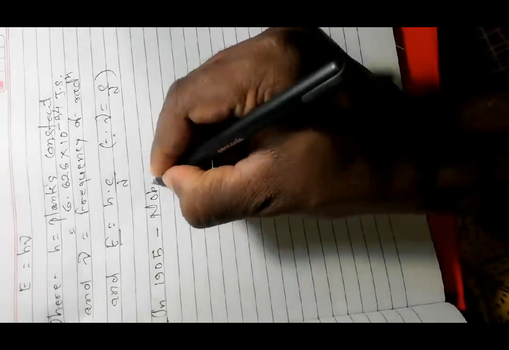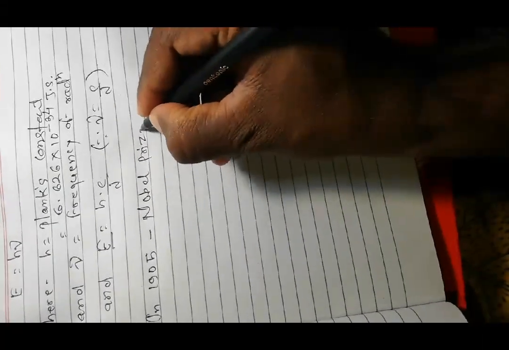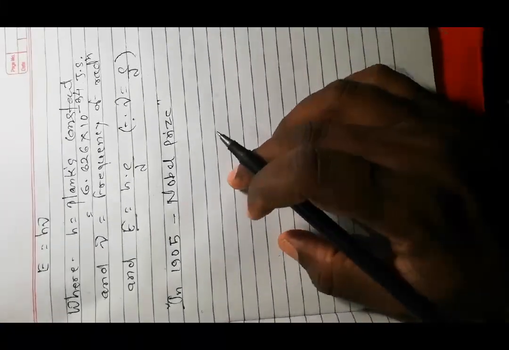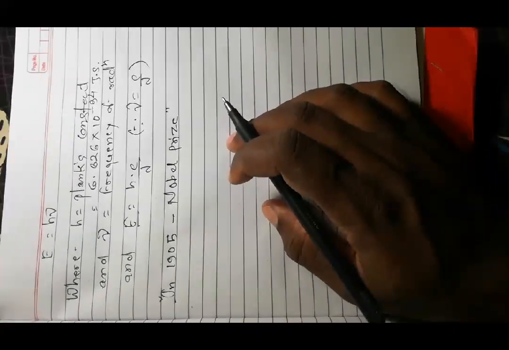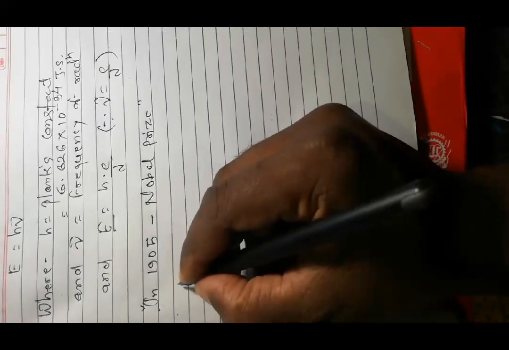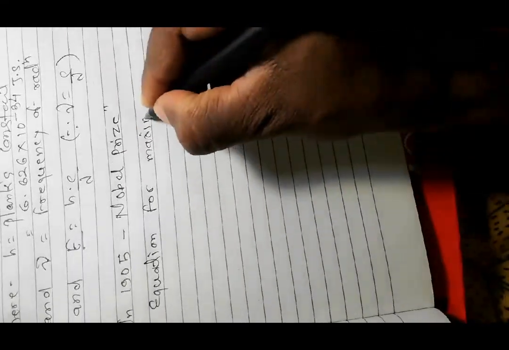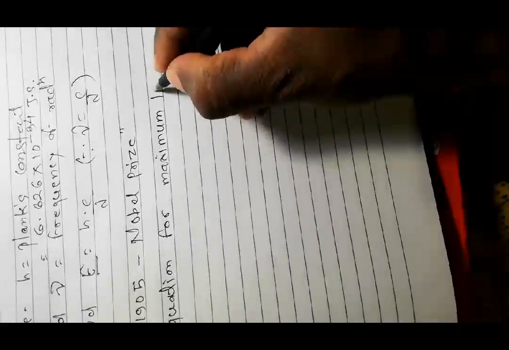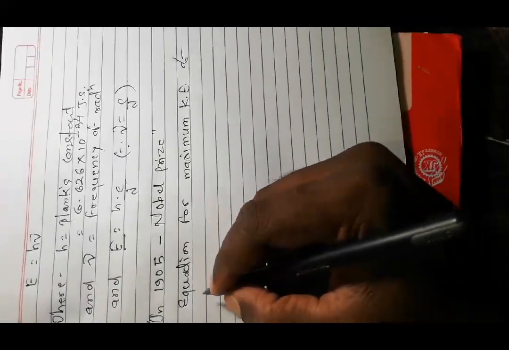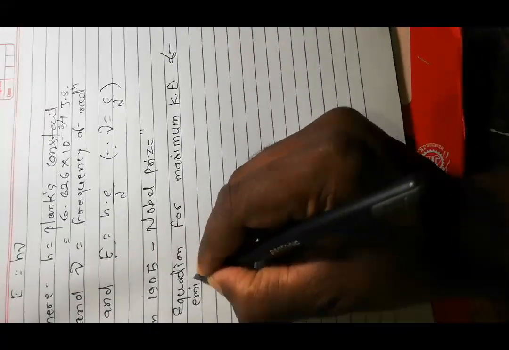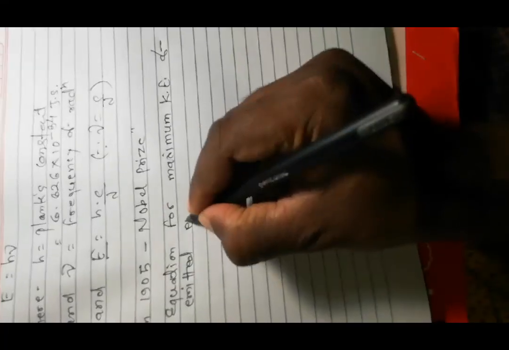Actually, Albert Einstein gave the equation for maximum kinetic energy of emitted electrons.